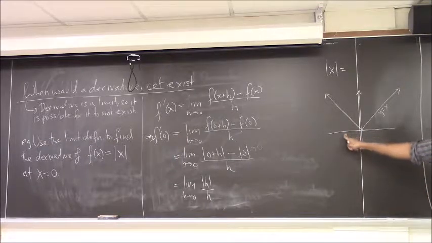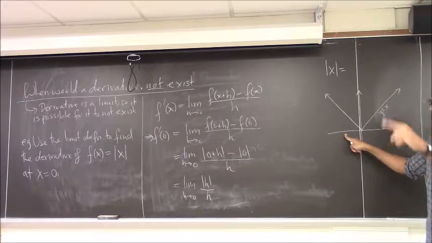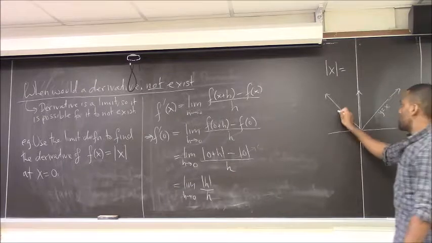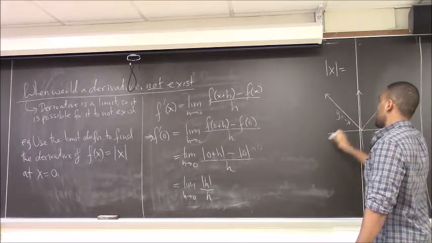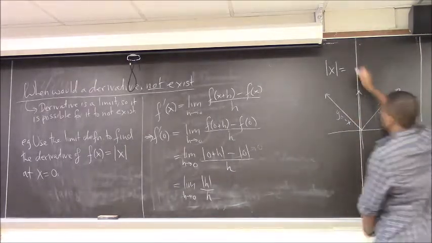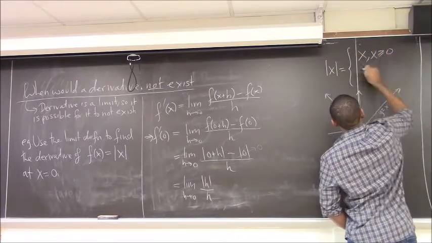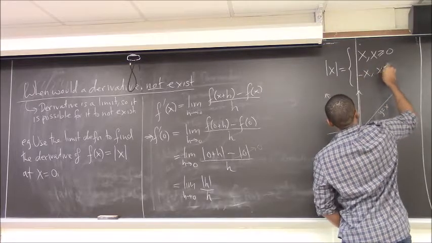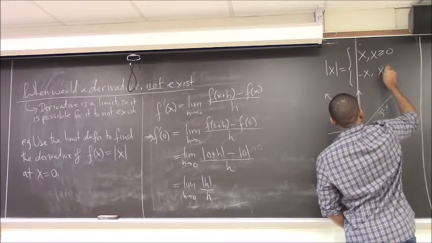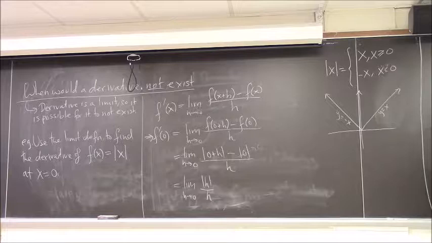On the negative side, it takes the negative of the negative, so your output is the negative of your input. So the absolute value of x is actually a piecewise function. It's x if x is positive, and minus x if x is negative.